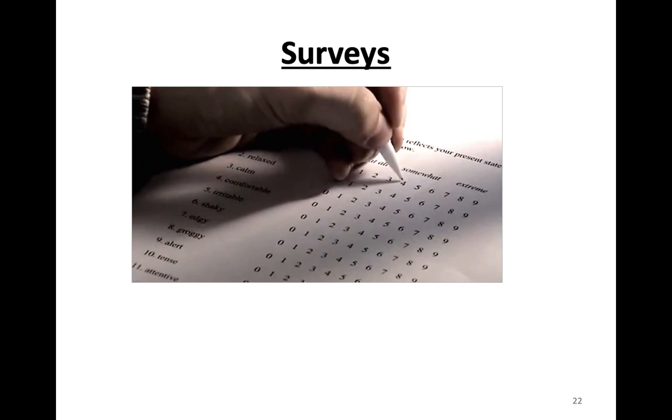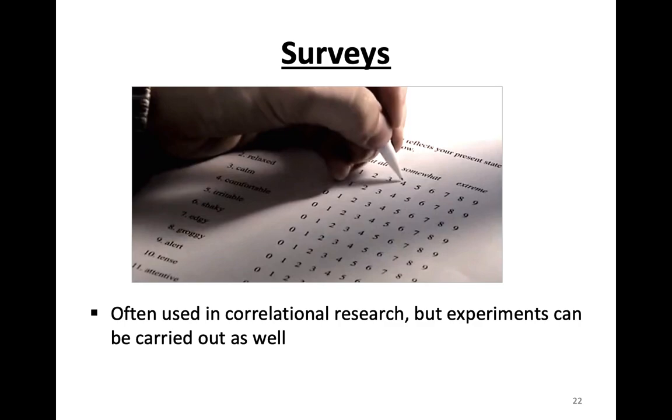And there's several different benefits of doing survey research. These are often used in a correlational design. You can also do experiments using surveys, especially online. As you know, you can have people do a survey, but you can present them with different information at the front. So anyway, a survey can be used in a variety of ways.